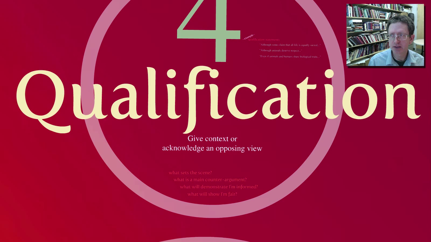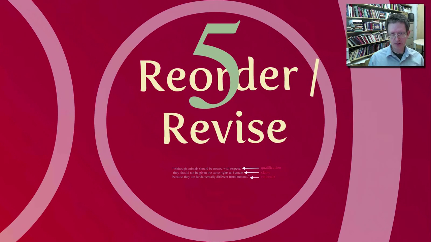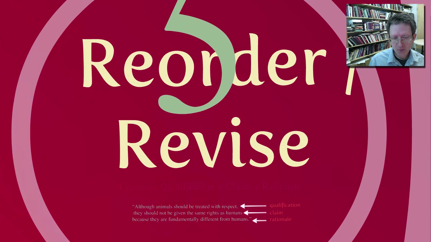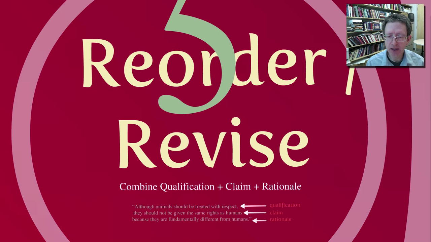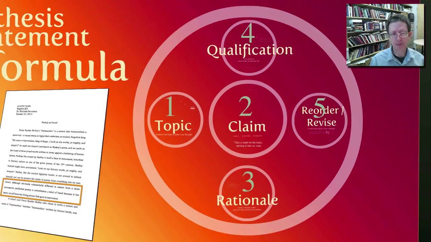It often is begun with a word like despite or although, and you'll see examples. Alright, the fifth is simply to reorder and revise these. You won't present them in the same order in which you compose them. So you'll actually take that qualification which you wrote last and put it first, follow it by the claim, follow it by the rationale, and I'll show you that in more detail now.